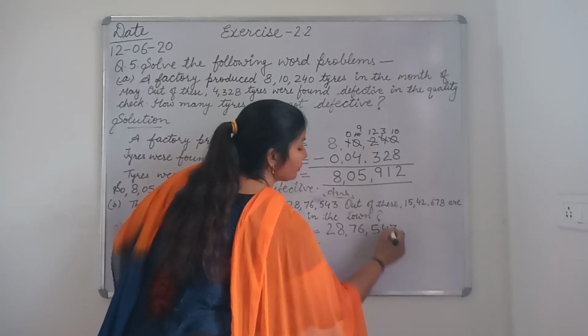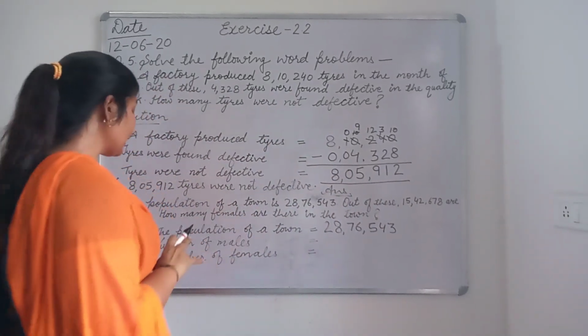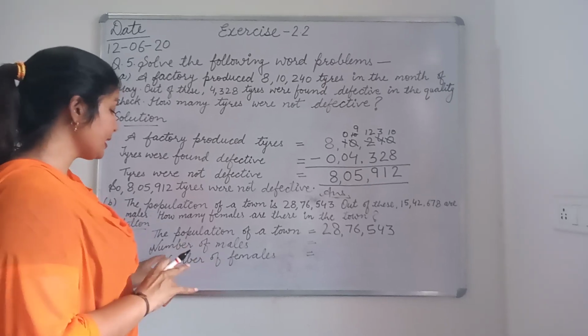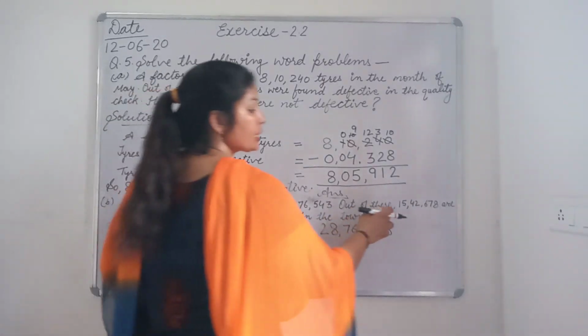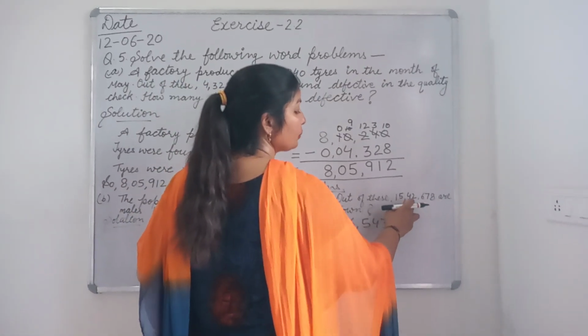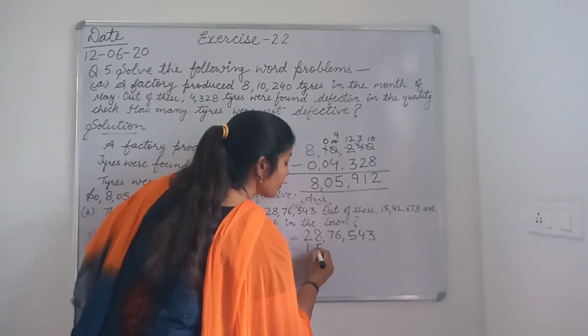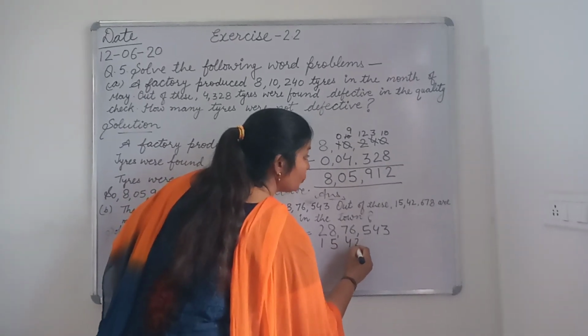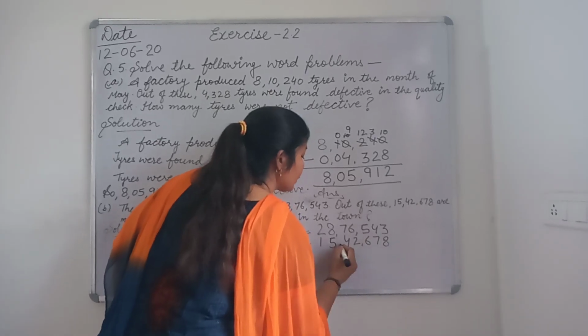Now out of these, the number of males is how much? The second sentence is: number of males is 15,42,678. These are the males.